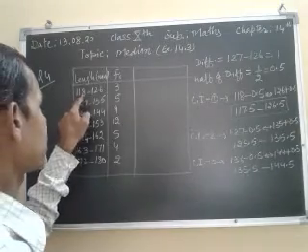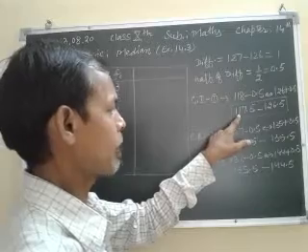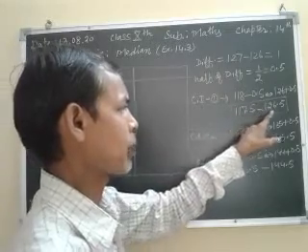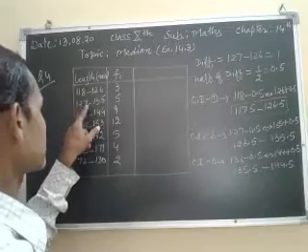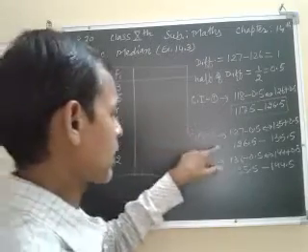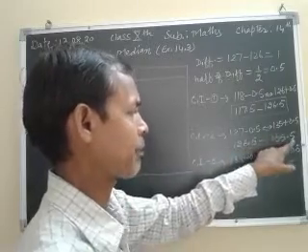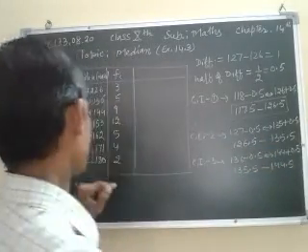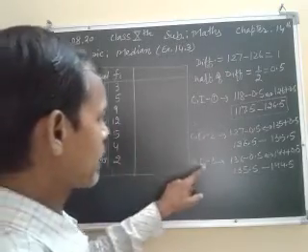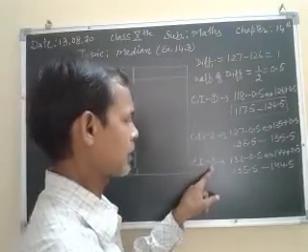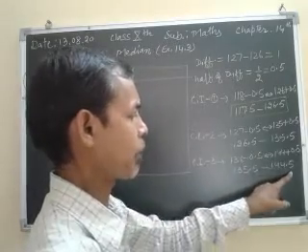Now see the difference. Class 1 was 118 to 126, but now it is 117.5 to 126.5. Class 2 was 127 to 135, but now it is 126.5 to 135.5. Class 3 was 136 to 144, but now it is 135.5 to 144.5.